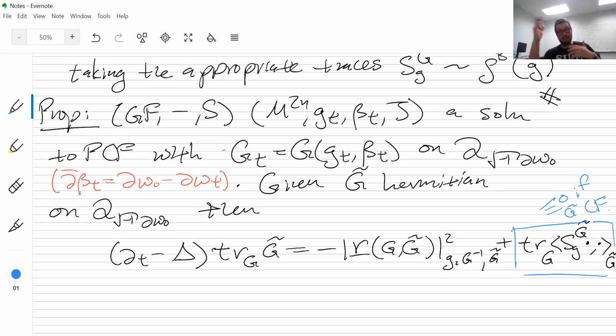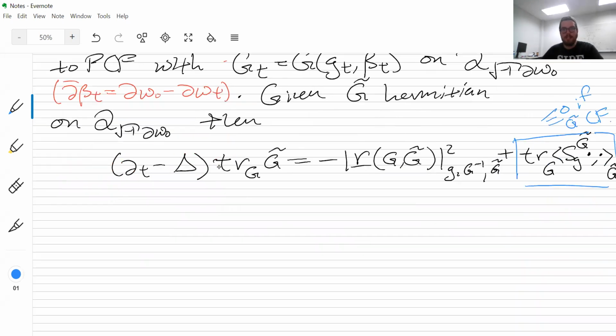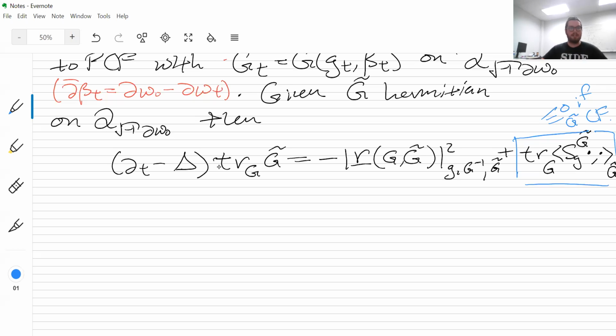But because of this correspondence between Bismuth on the base and Chern on the holomorphic Courant algebroid, G tilde will be Chern flat when you've got a little G tilde that's Bismuth flat. So these terms are going to drop out in the main case of interest.